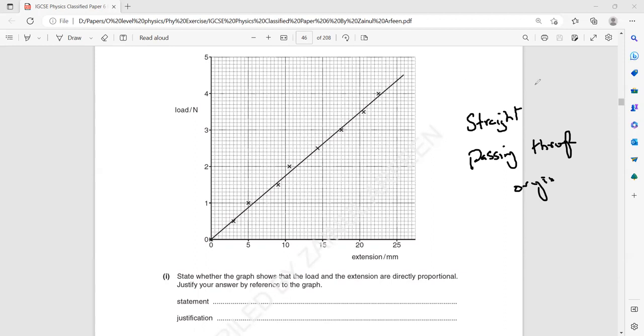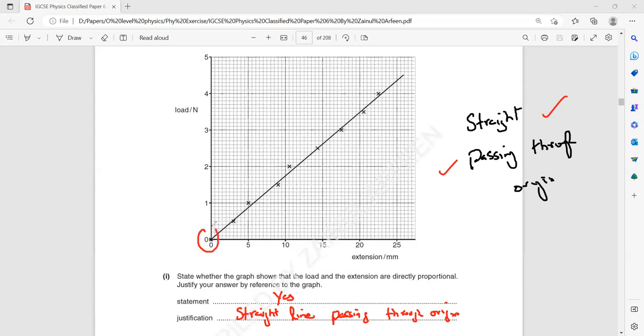So when we check, the first thing is it is a straight line. The second thing is it should pass through the origin. Both are true, so we'll say yes. And the reason we mention is that it is a straight line passing through the origin.